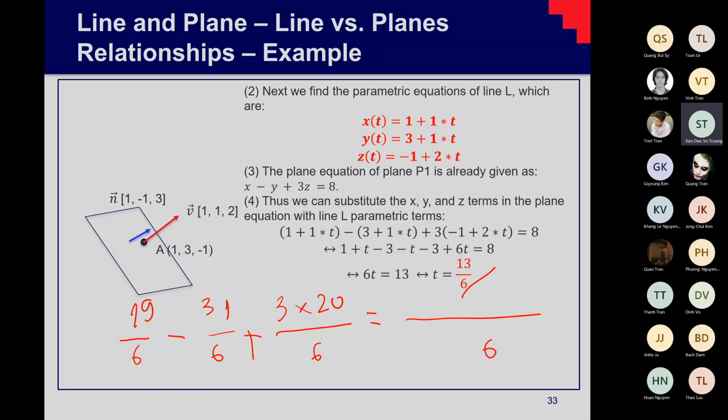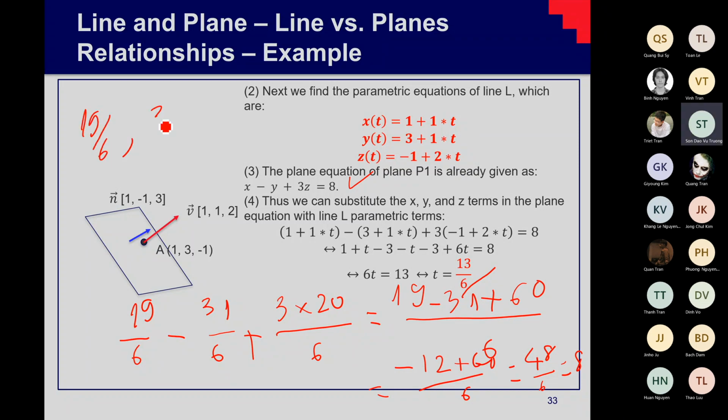Put everything together, we have 19 minus 31 plus 60. So the first one is -12 plus 60 divided by 6, so this is 48 divided by 6, and that is 8. So this is correct. So the point (19/6, 31/6, 20/6) is the correct intersection point.